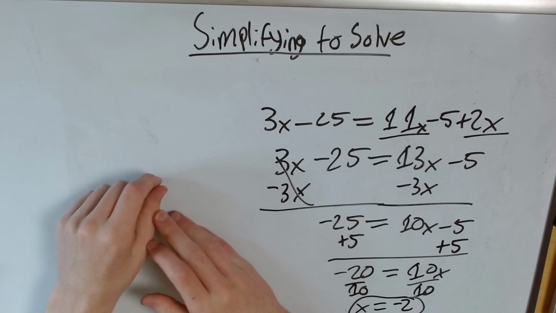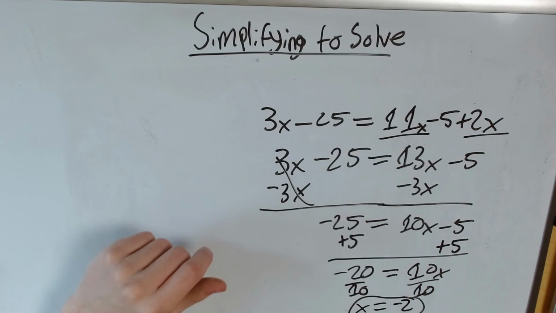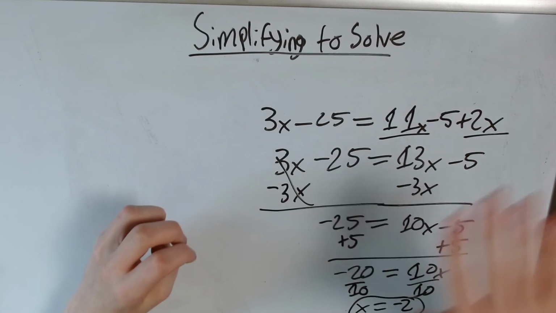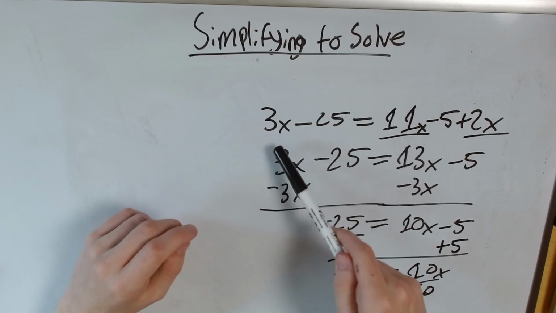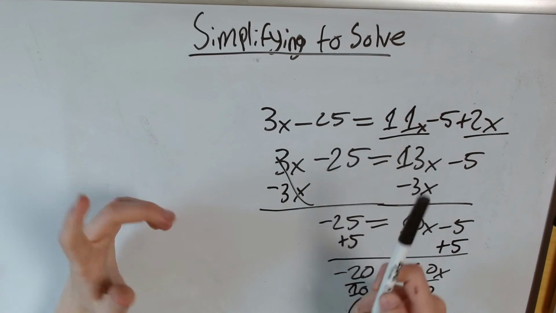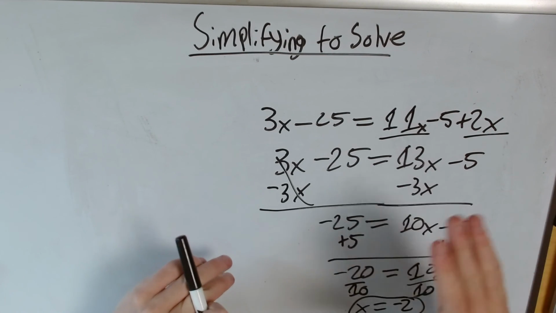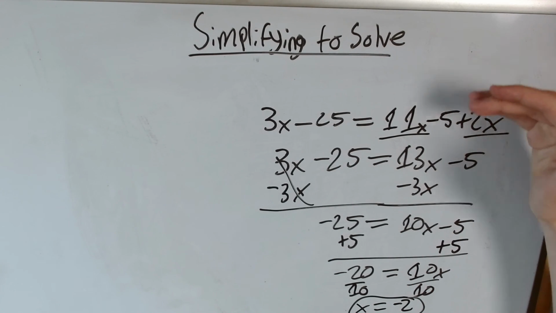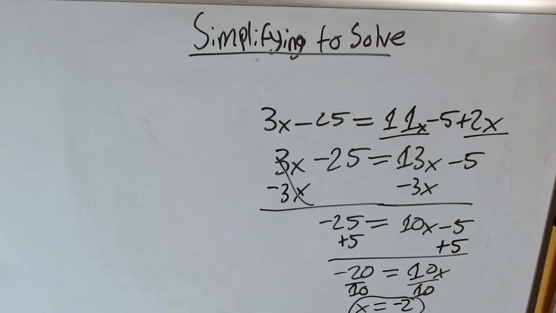Once you've done that, say, are there any addition or subtraction on the side that I have x's? If there is, get rid of them, right? And finally look and say, hey, am I multiplying or dividing my x's by anything? If you are, then get rid of them too. Then you will always, always, always be left with your final answer. If you follow that step-by-step process, you will never go wrong.